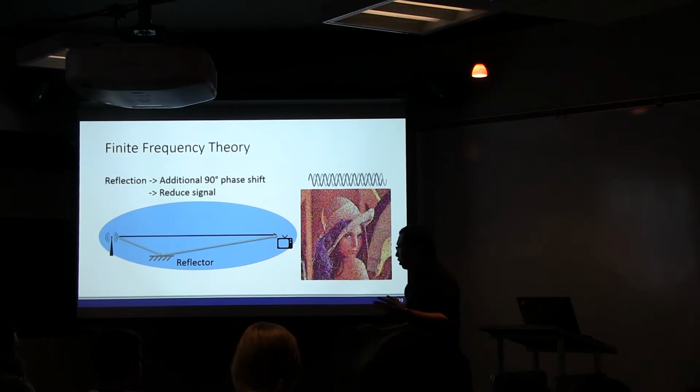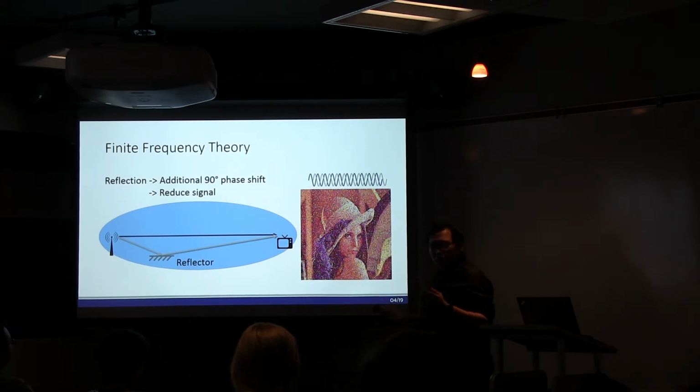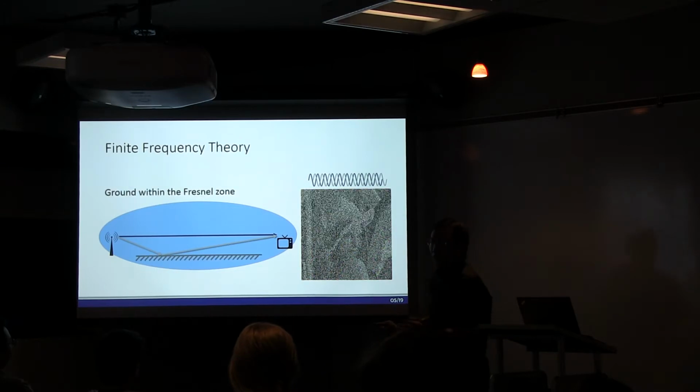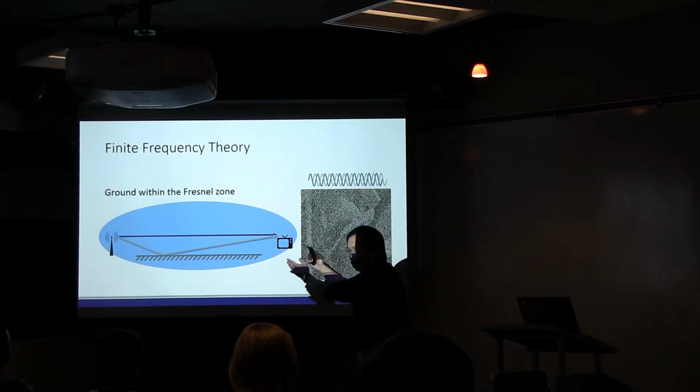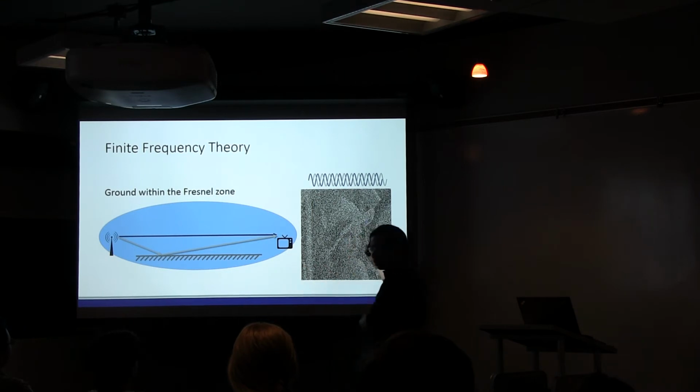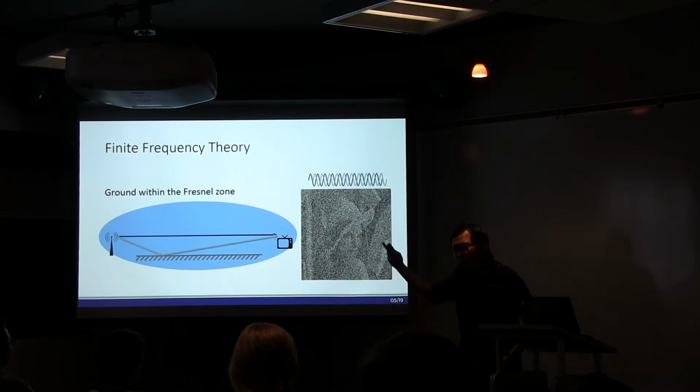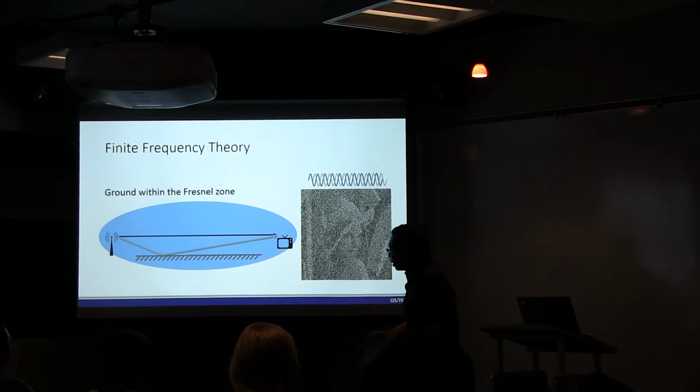But of course, having some small reflectors in this area is not going to be the end of the world, as long as we don't have a huge one. But unfortunately, we do have a huge reflector in here, and its name is the ground. So the TV no longer works. And to fix this problem, we've got to keep these huge reflectors out of this Fresnel zone.